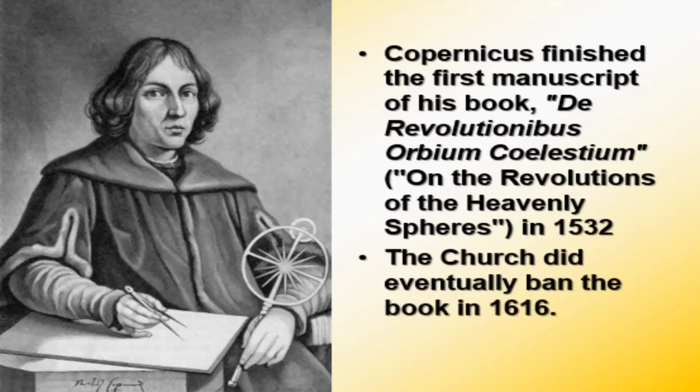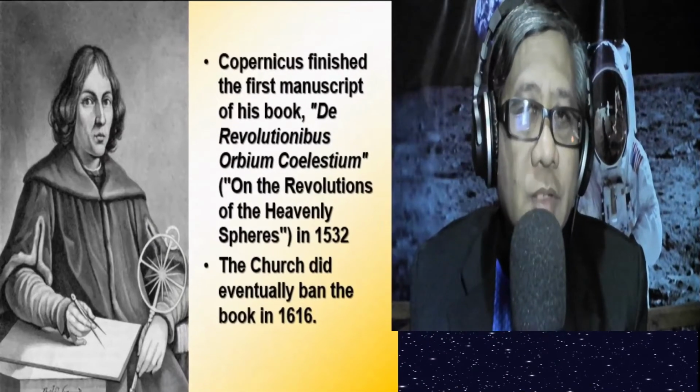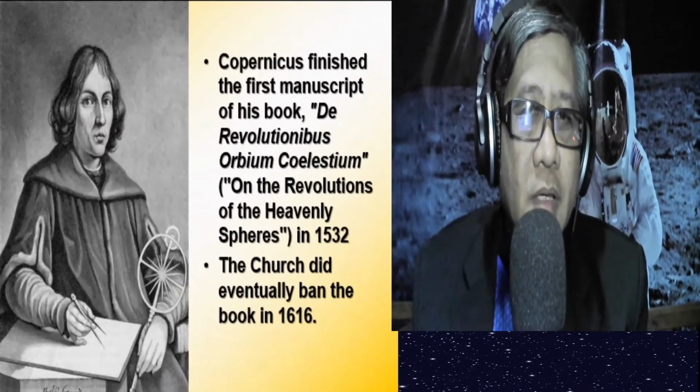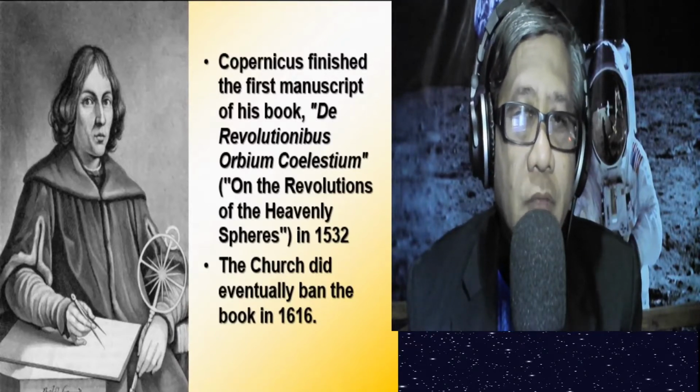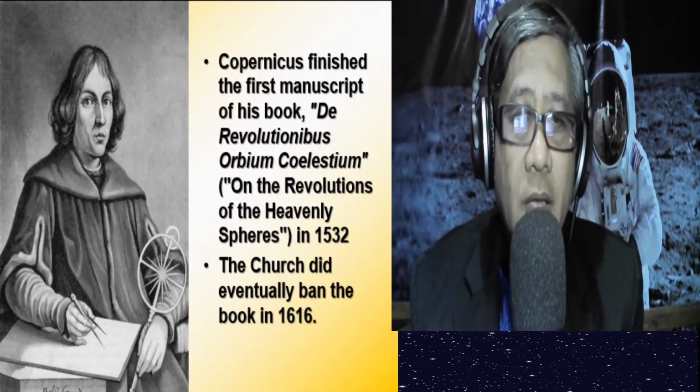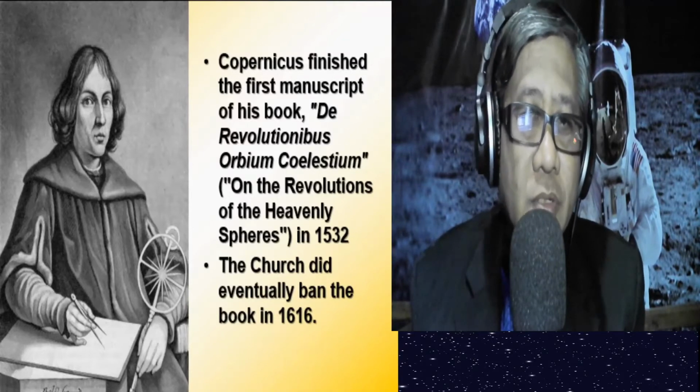Now that was really a very interesting story of Nicholas Copernicus. So his book On the Revolution of the Heavenly Spheres, written in 1532, was banned by the Catholic Church.